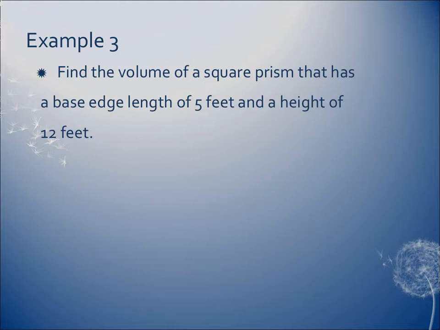It wants us to find the volume of a square prism that has a base edge of 5 and a height of 12. So if I draw a square, draw this in a different color. So I've got my square base here. Let's make this really tall. I can't draw 3D. Let me redo this.